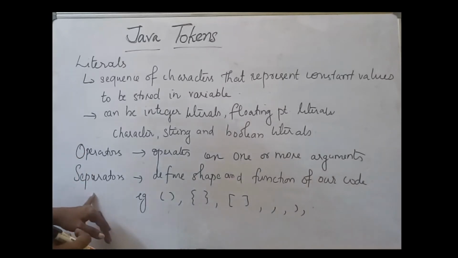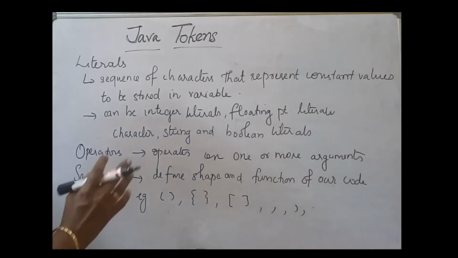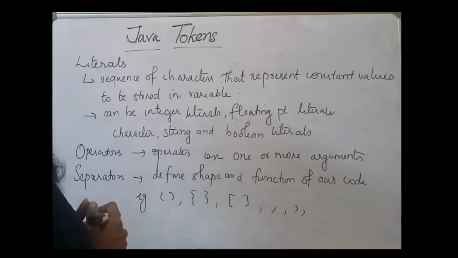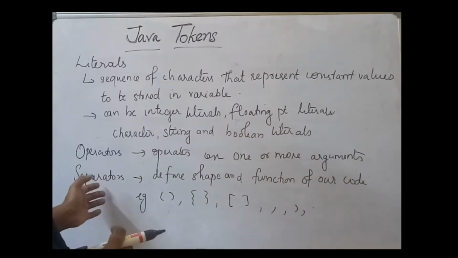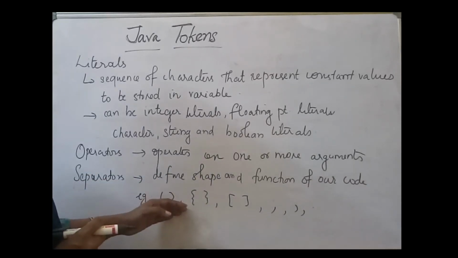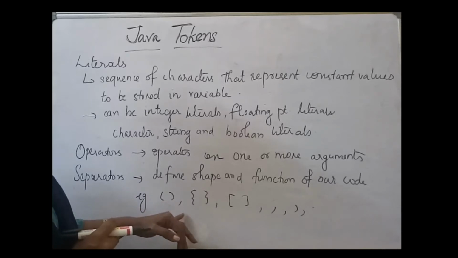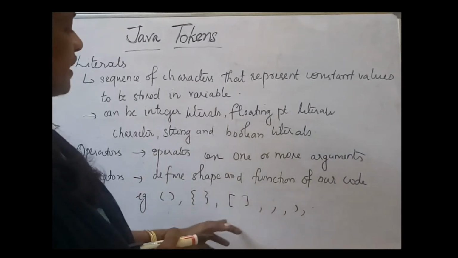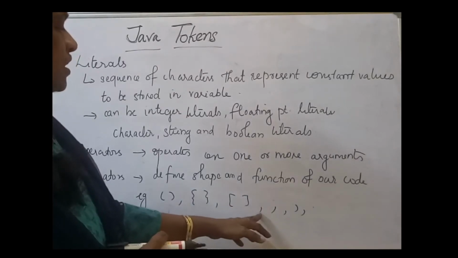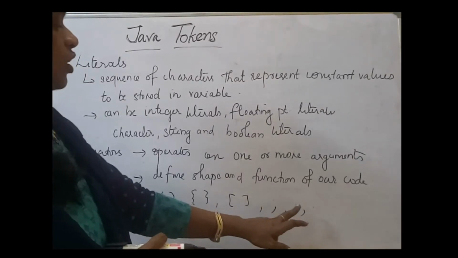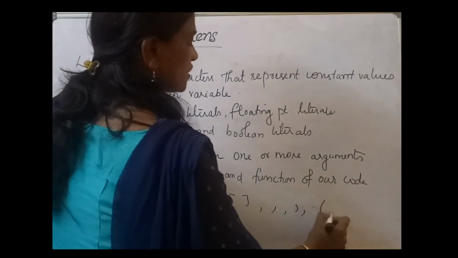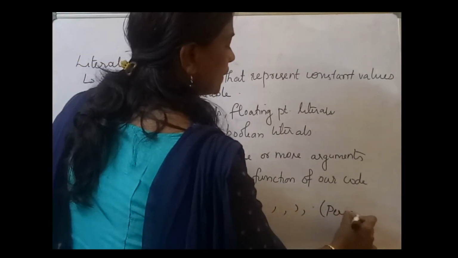And the last type of Java token is separator. Separators are actually used to define the shape and function of our code, and the separators used are parentheses, opening and closing, curly braces, opening and closing, square brackets, opening and closing, then semicolon, comma, and also the dot, which is also referred to as the period operator.